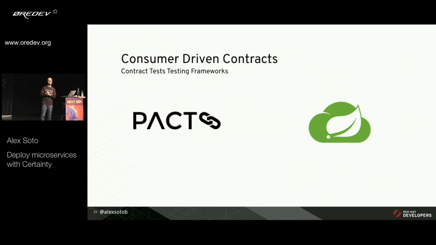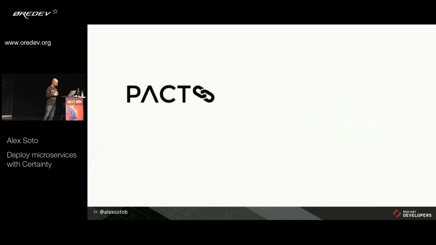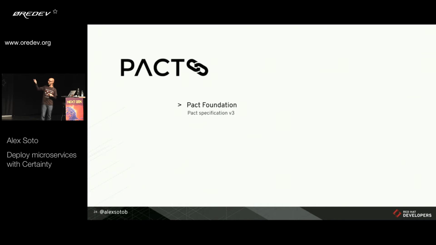But what I'm going to show you here is Pact, for the following reasons. The first one is that Pact is a foundation. There is a team that just writes the specification of the contract, so how the contract should look. And this means that you have a reference of how contracts must be implemented.